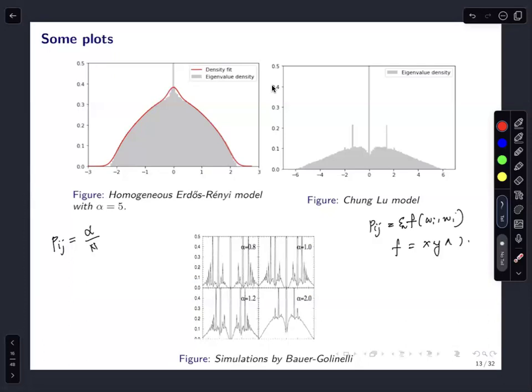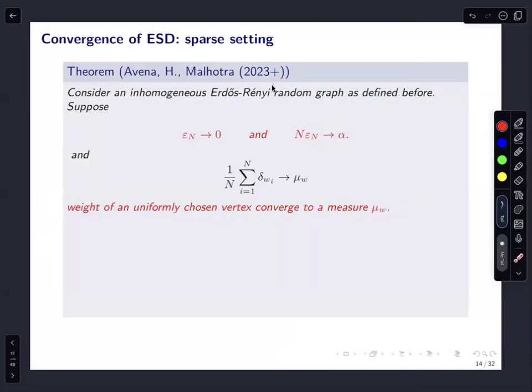So first, I want to state a result, which, although we take credit for it, is a much more general result. I'll tell you about the literature. So we are in the same setting. Epsilon goes to 0, and n epsilon now goes to some alpha, and the weight of a uniformly chosen vertex converges to this mu w.